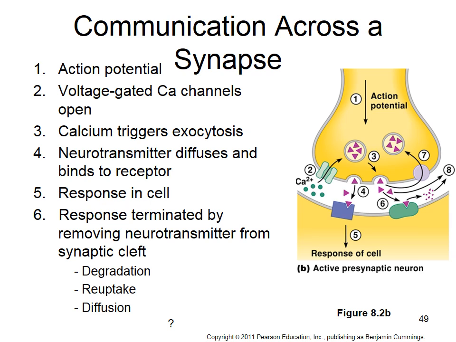So step 2, voltage-gated calcium channels open, and there's many, not just one. Calcium rushes in down its electrochemical gradient, and that acts as the signal to cause exocytosis of neurotransmitter. So these synaptic vesicles fuse with the plasma membrane and do exocytosis of the neurotransmitter.